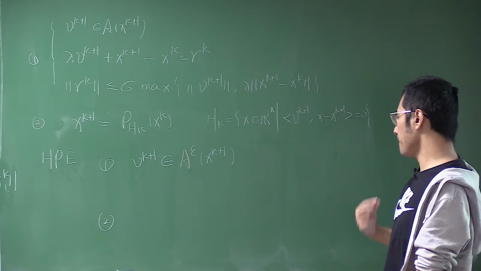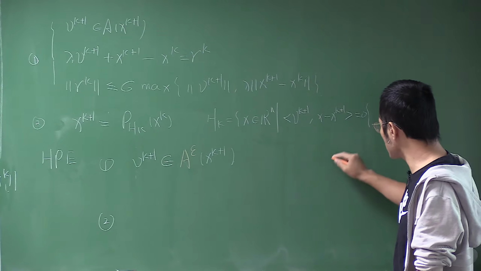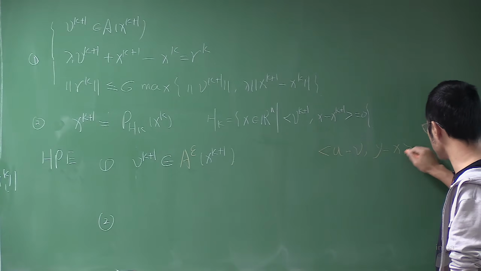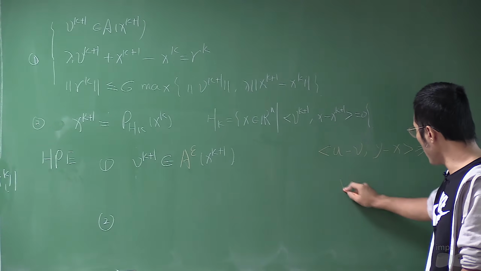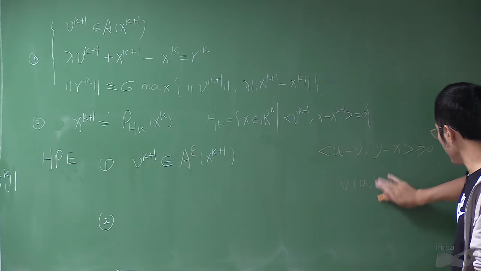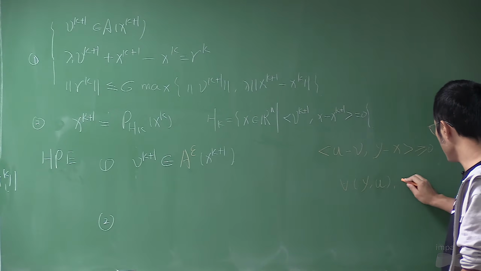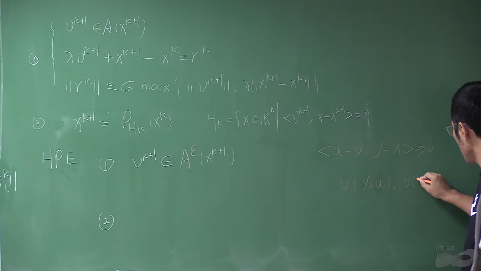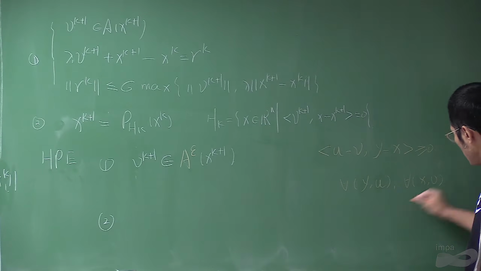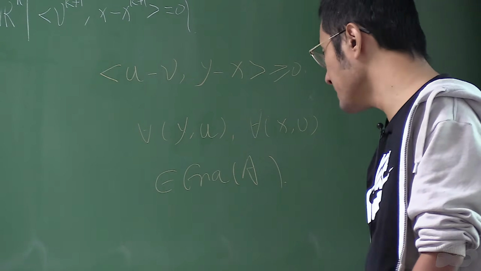So what is monotone? A is monotone means the inner product of u minus v and y minus x is greater than or equal to 0 for any u in A of y and any v in A of x, that is, for any pairs in the graph of the operator A. This is monotone.